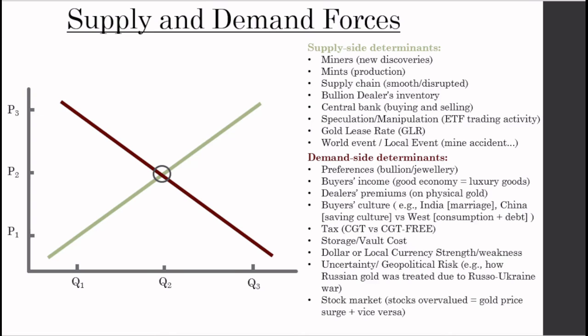But what the LBMA said at that time was that the gold price will be largely unaffected, as there is enough supply to meet the demand at the time, and they were saying that it might go up a bit, but it's not going to be a huge increase in price.